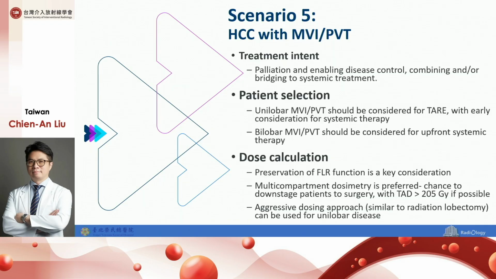The last is scenario 5, HCC with microvascular invasion or portal vein thrombosis. The treatment intent is palliation. So the dose calculation is based on how much of the future liver remnant, the liver function, can be preserved. The future liver remnant is the key consideration.